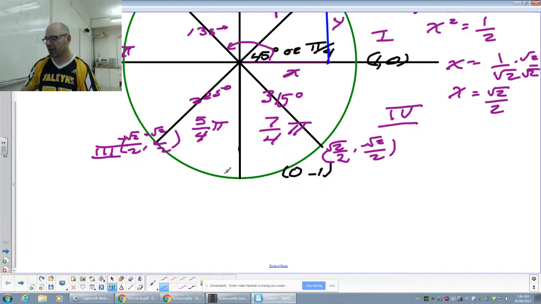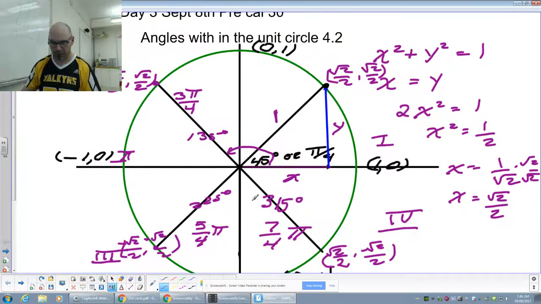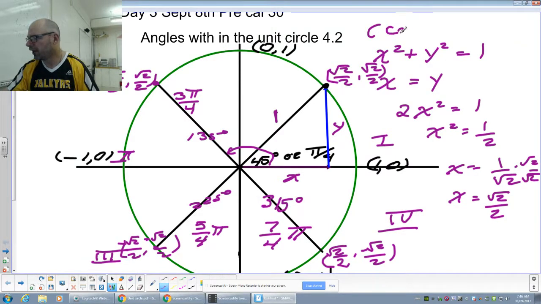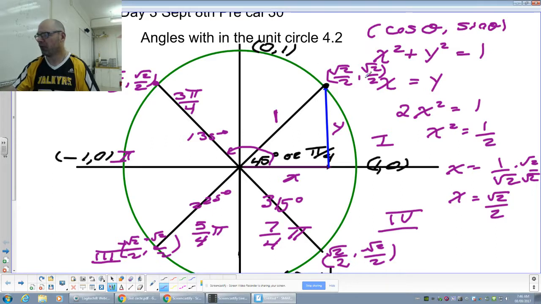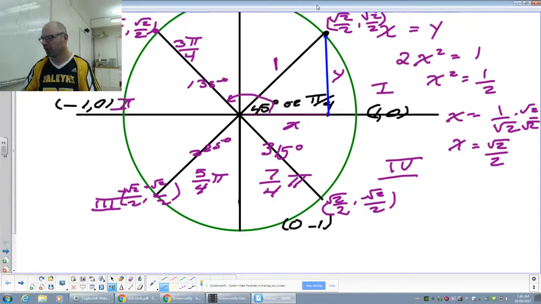Now one thing I did say is, why is it sine and cosine? Why is it cosine theta and sine theta? Why are those points the same? The x is equal to that. Well, I'll show you, because we are on our unit circle.